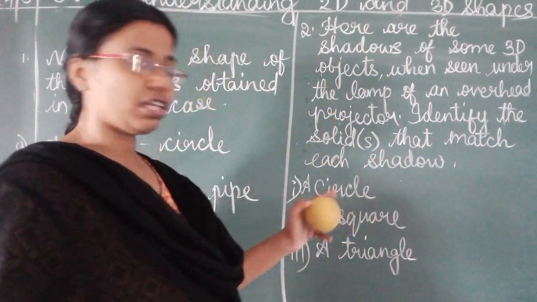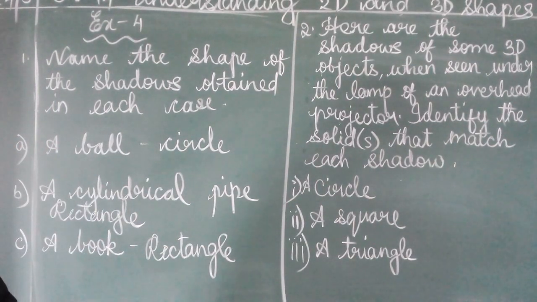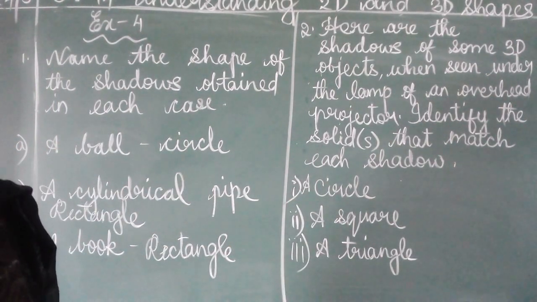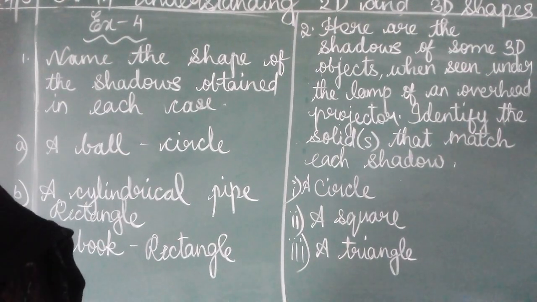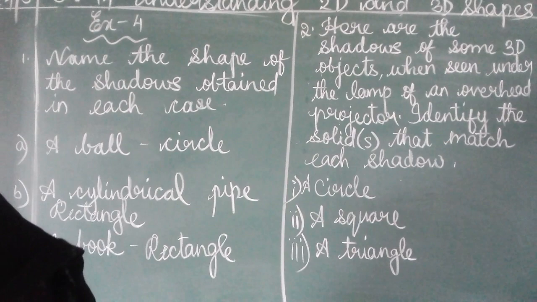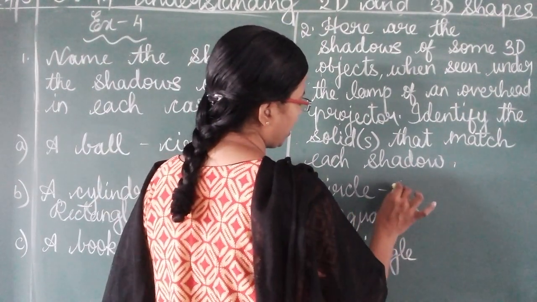Now you have to write the objects which are going to be visible like a circle. What are the examples, children? The first thing that we are going to get is a sphere or circular objects.